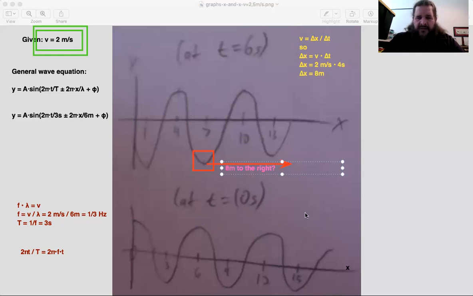Yeah, that would put it at 15. So maybe this moves 8 meters to the right and ends up at x equals 15.